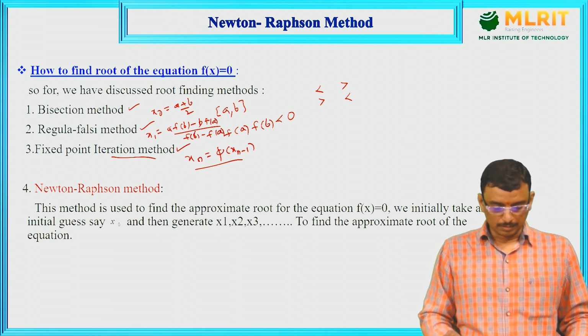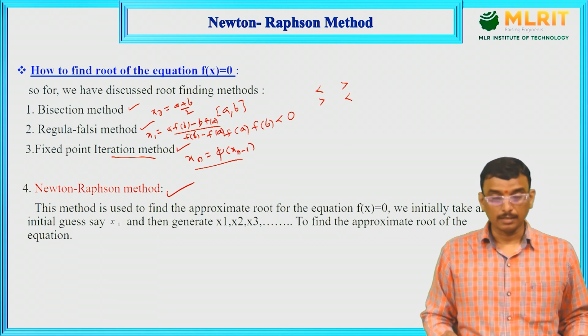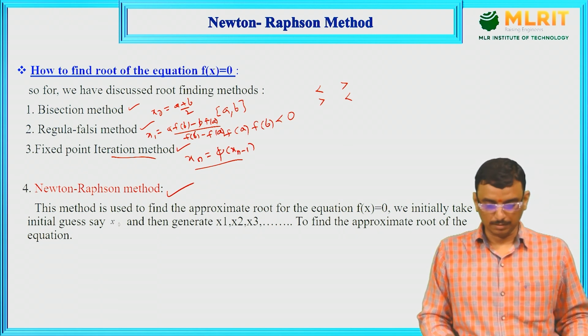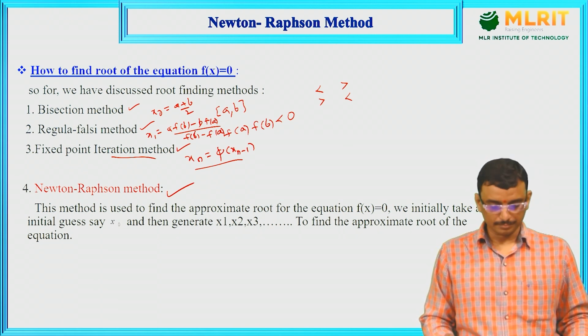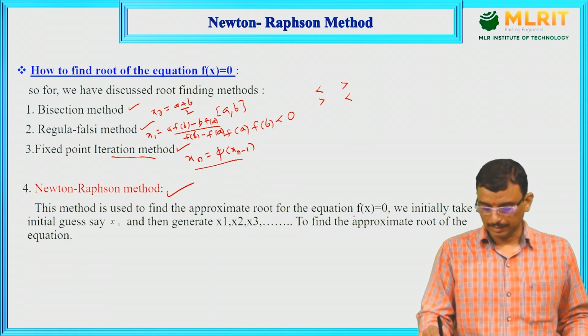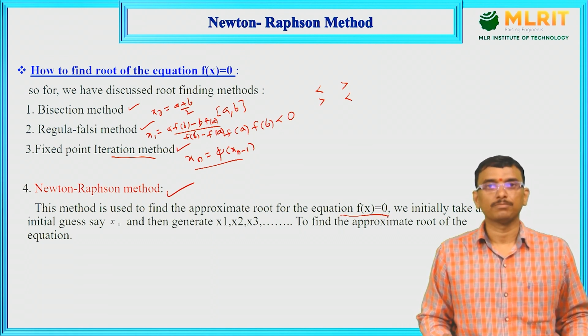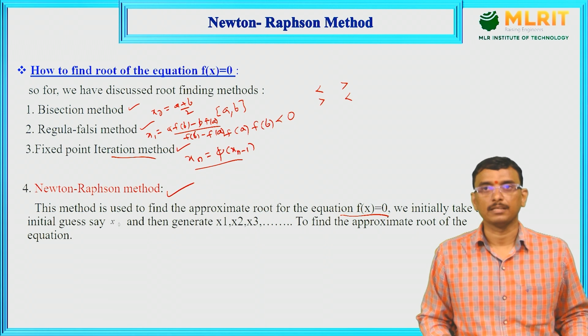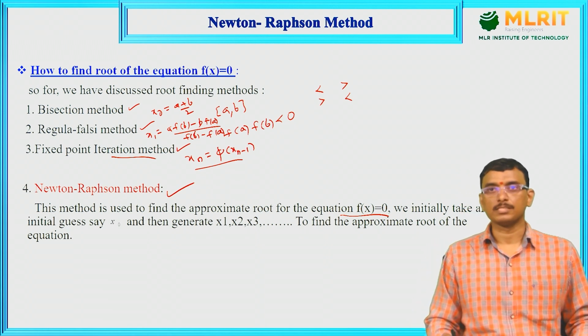Now today we are going to discuss the Newton-Raphson method. This is the last method of the root finding techniques in our topic. This is also one of the root finding techniques, and it is used to find an approximate root of the equation f(x) is equal to 0.